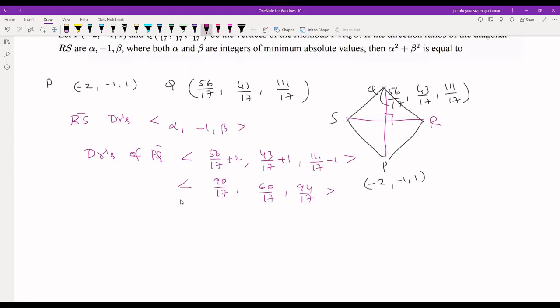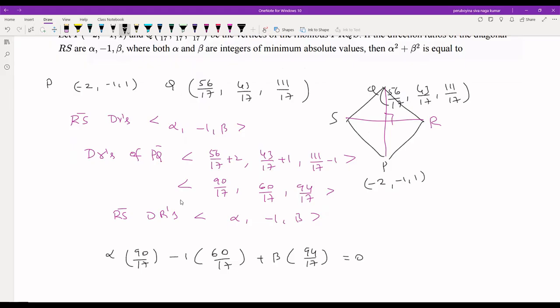So RS bar DRs are alpha, -1, beta, both are perpendicular, so that you can write alpha into 90 by 17 minus 1 into 60 by 17 plus beta into 94 by 17 equal to 0.